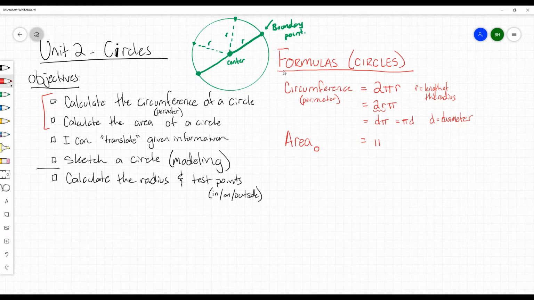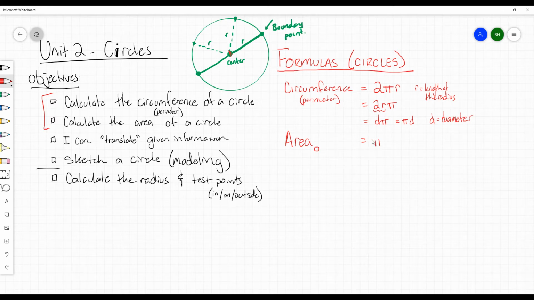Pi comes out all of the time. So pi, 3.14, is actually equal to the number of radii located around the circle. So you've got 1, 2, 3, and then 0.14 of another one. So we'll talk about that later on.